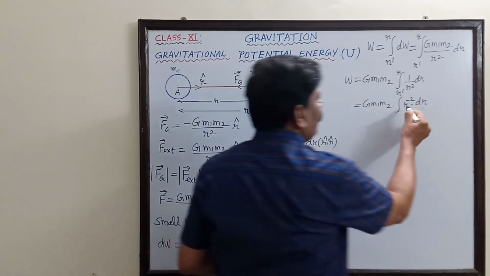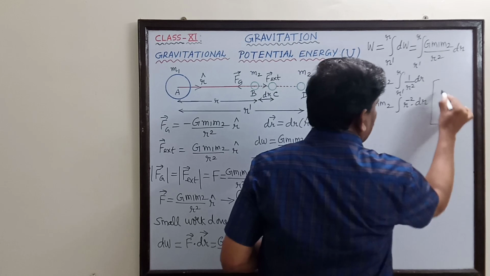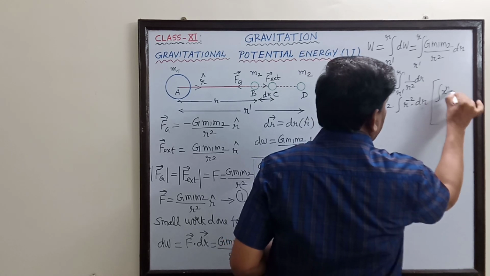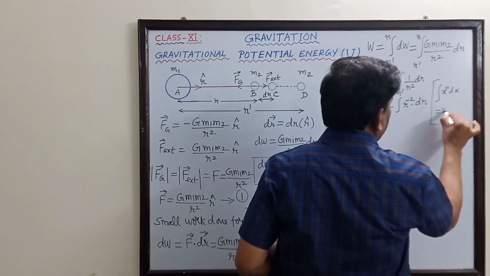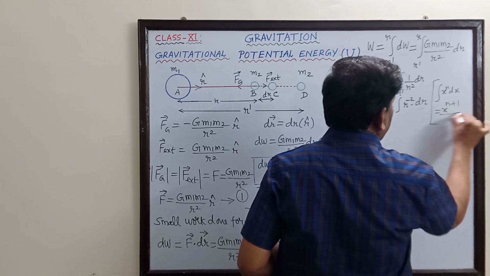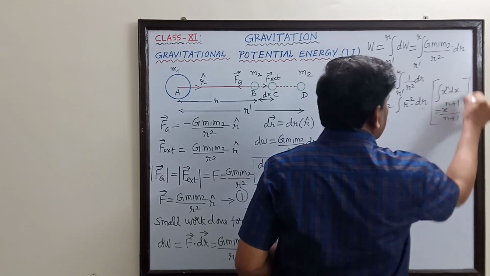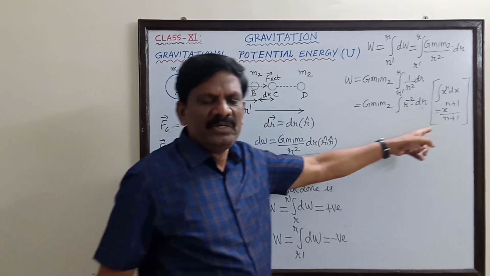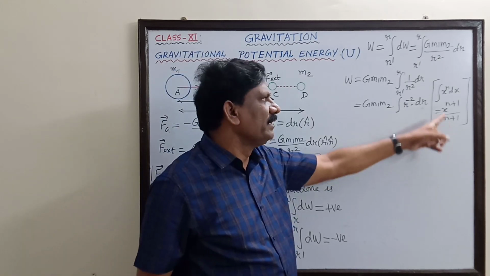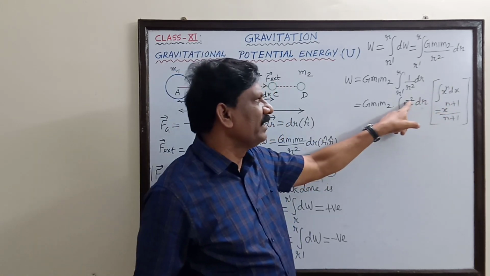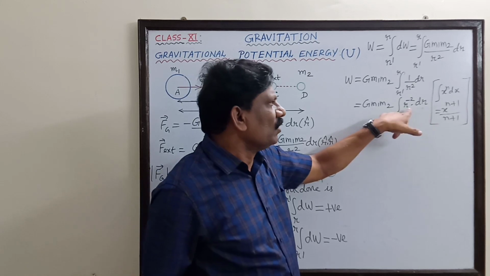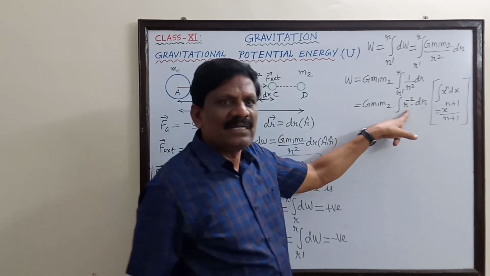And the integral value, we use the integral of x power n dx. Its value is x power n plus 1 divided by n plus 1. This we have been using for all the derivations. Here in place of n there is minus 2, and in place of x there is r.